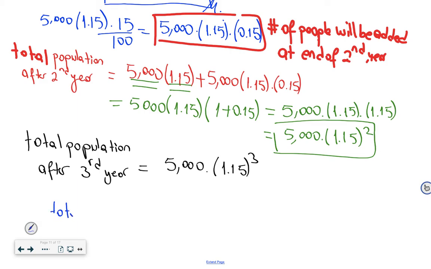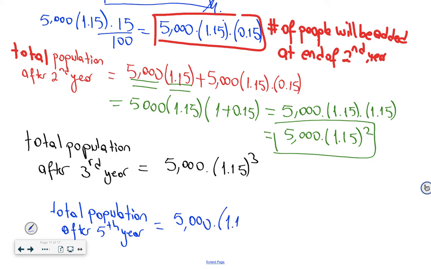The total population after the fifth year is going to be 5,000 times 1.15 to the power 5. So this is your total answer.